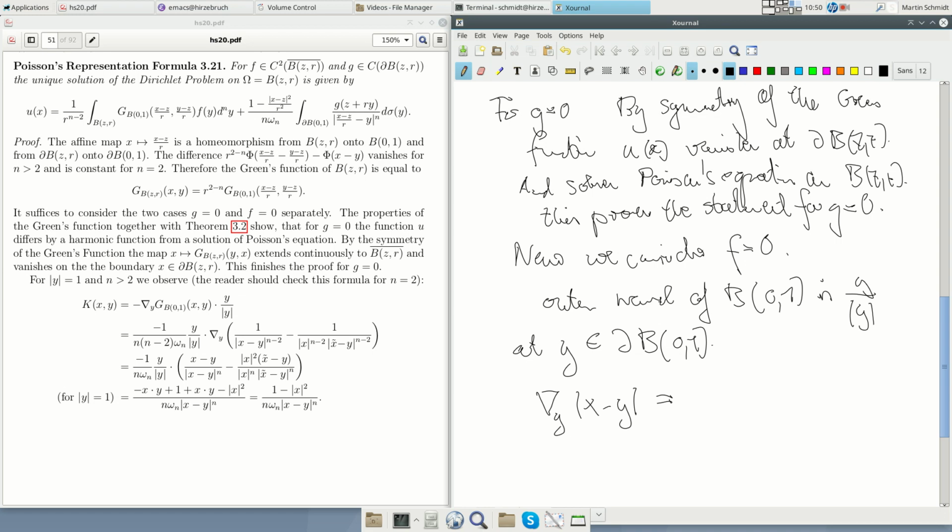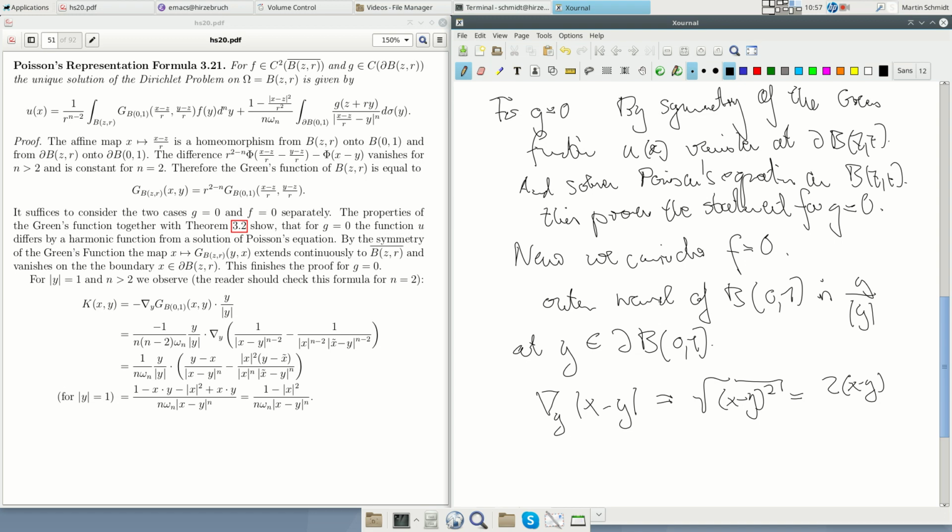So this is the square root of x minus y squared. So we get the inner derivative, which is clearly 2 times x minus y, or maybe y minus x, and so this is the square root of this term.